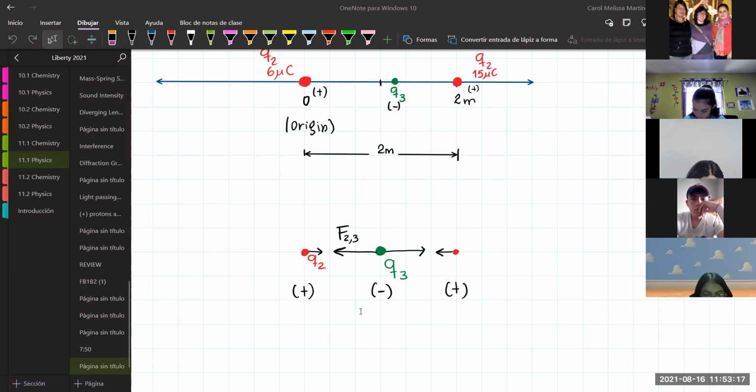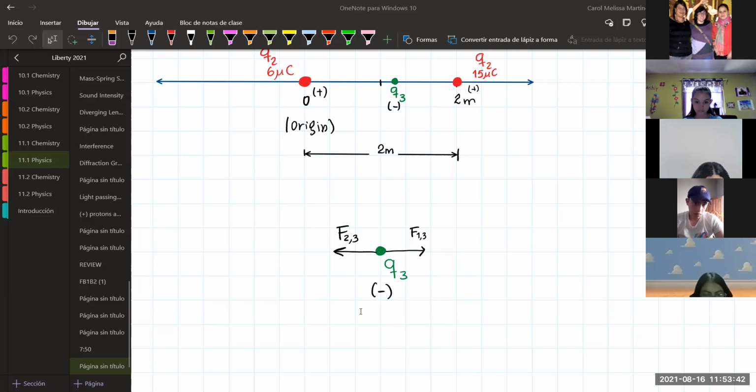Now, this force, I will call it F, and that is Q1, okay? So this is going to be F1, 3. And now my sketch is done, okay? So this is the situation that I have for this problem.